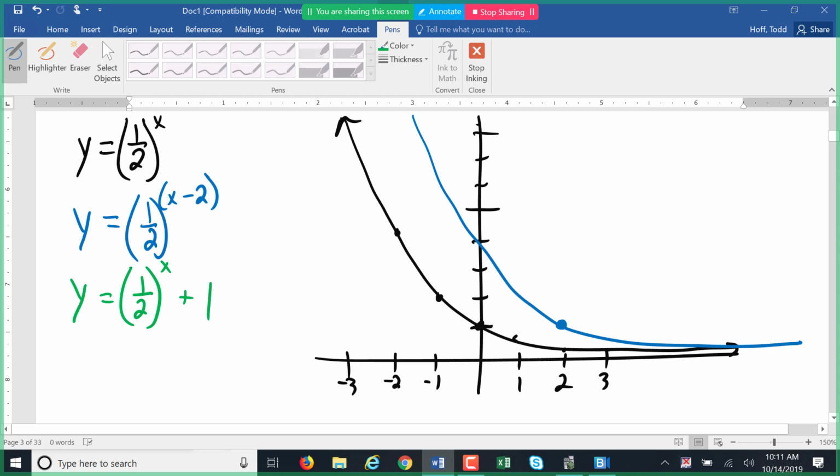Y equals (1/2)^x plus 1. What direction is that going to move? Up 1 spot. So this point just goes up 1 spot to there.